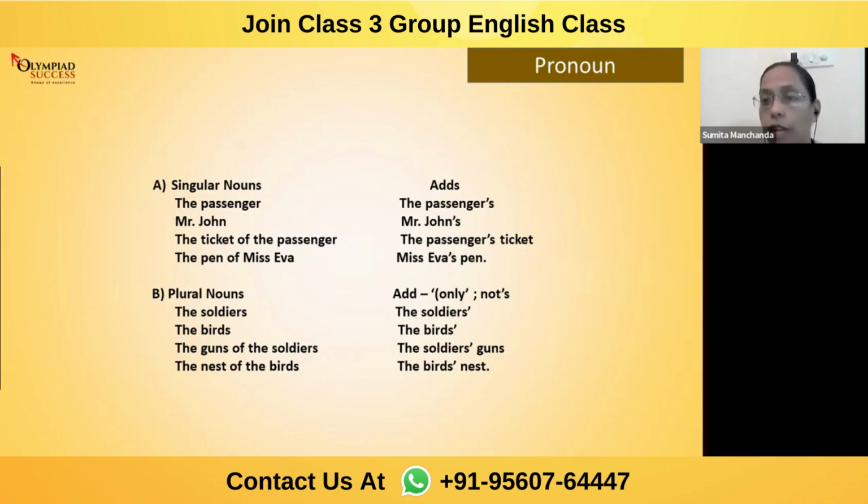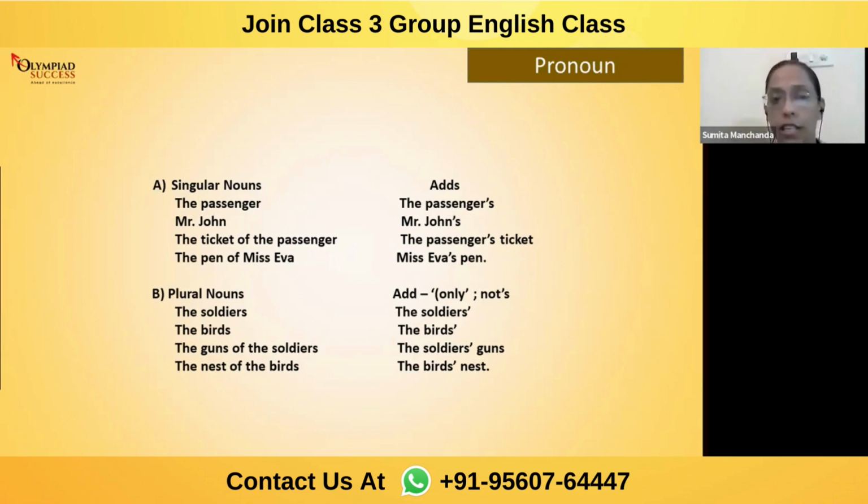As there is apostrophe S, you are very much clear that I'm talking about one passenger. As there is a belonging, ticket belongs to that passenger, so I'm using apostrophe over there. The pen of Miss Eva, Miss Eva's pen. Now again, Eva's pen, there is an apostrophe S over there. That pen belongs to Miss Eva. I'm talking about one person over there.